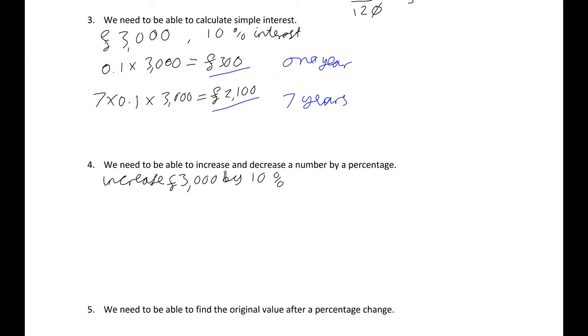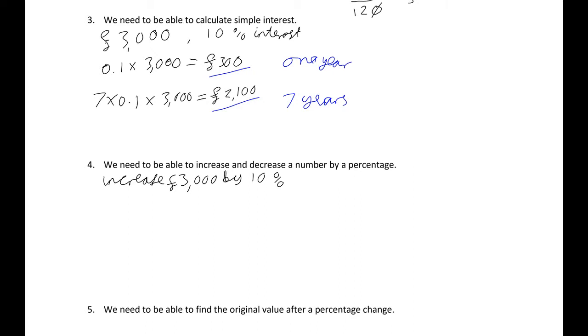Now, you could just work out 10% of it, which we did earlier, and add it to the original. And that will work. But there is another method that I really want you to learn, because it's going to make your life later on much, much easier.